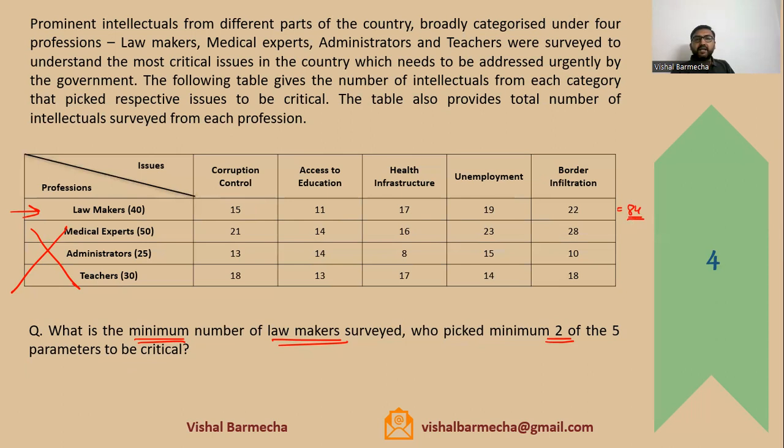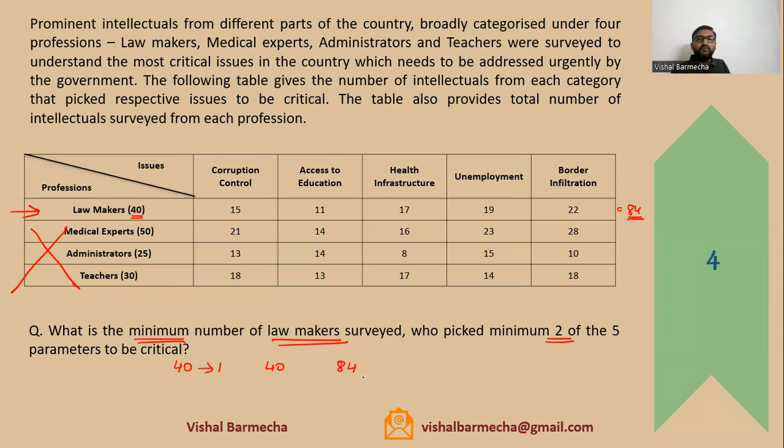Now, because मुझे 84 cases बांटने हैं 40 लोगों में, so what I will do is I will let each and every lawmaker find exactly 1 issue to be critical. So all 40, I have given 1 case. So 40 into 1, that gives me 40 cases. That takes care of 40 of the 84 cases.